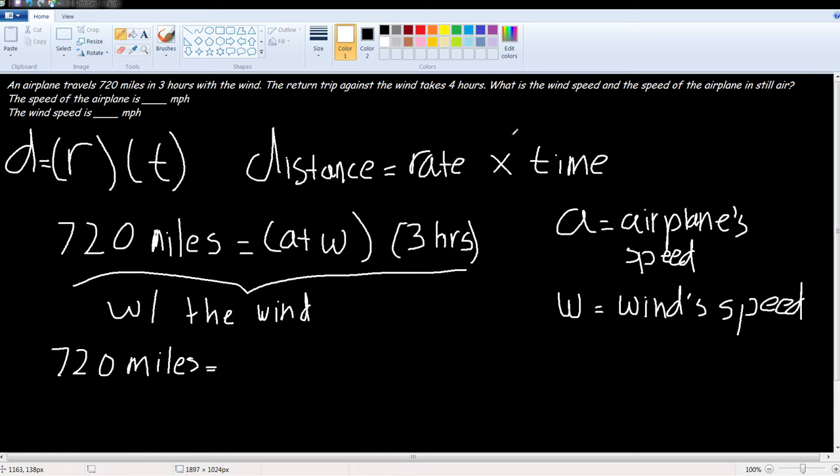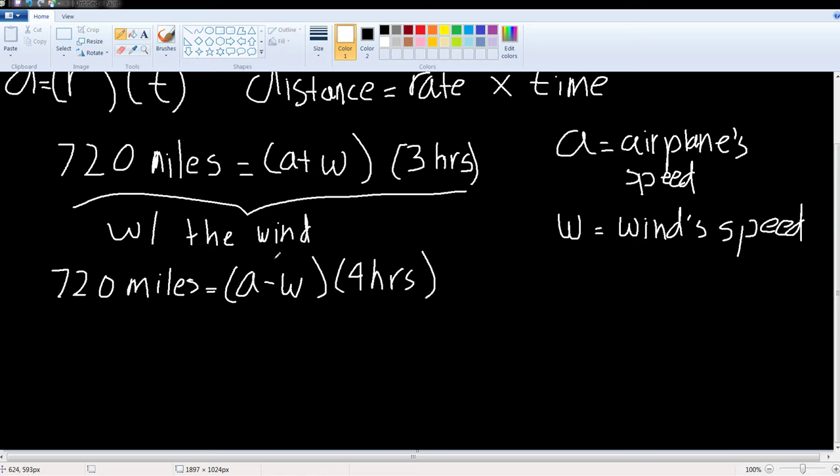The plane is not going to be moving as fast with the wind obstructing its speed. So in that case, the airplane speed would be subtracted by the wind speed. So that's our rate, A minus W, right? And what's the time? It says the return trip against the wind takes 4 hours. So we'll write 4 hours.